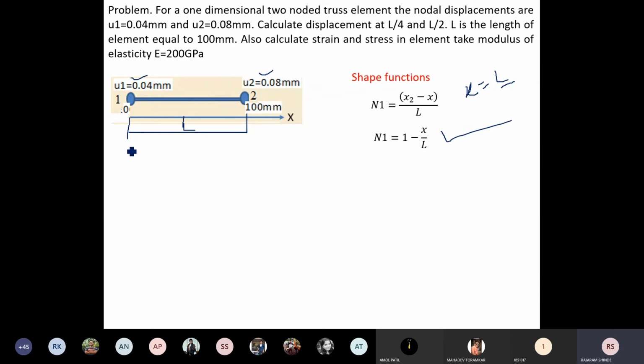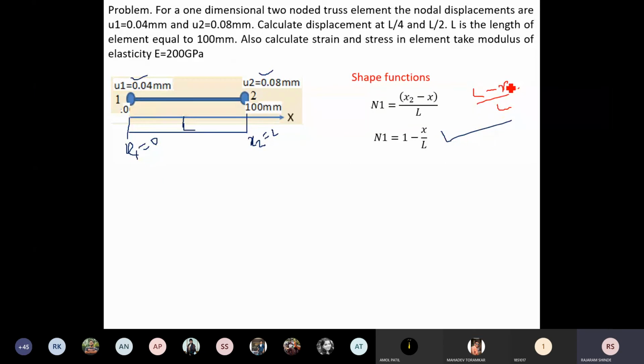Here x1 is 0 and x2 is L, or it is 100. Now you have this shape function equation, x2 minus x upon L, where x2 is L, so L minus x divided by L.